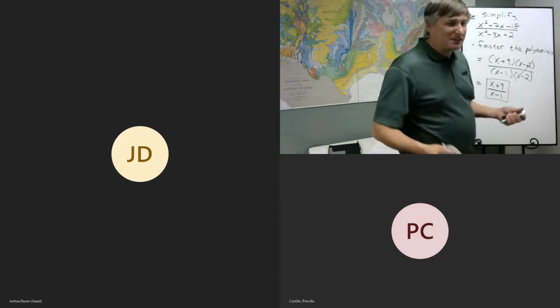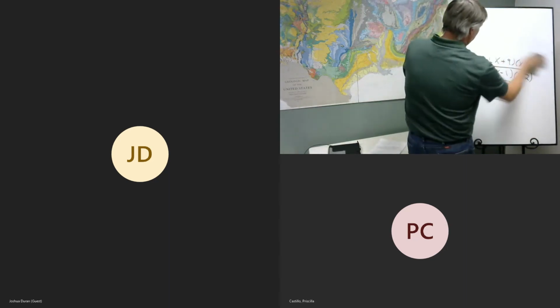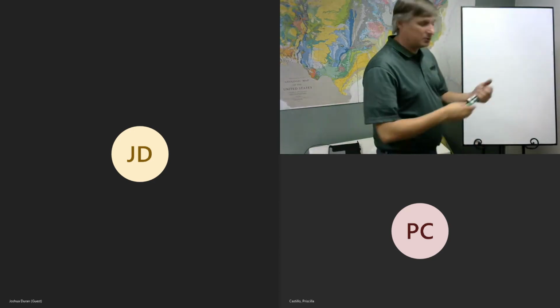Now, this is a packed section. They put in a lot of stuff here. So let me show you the next thing they want you to do, and it's multiply.